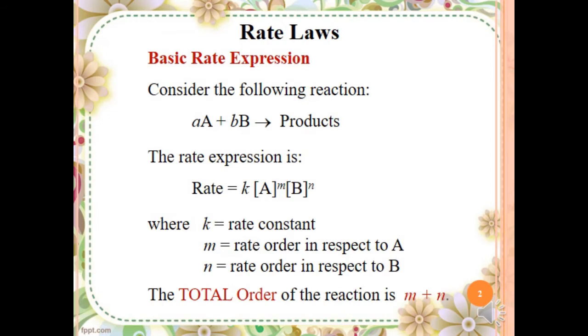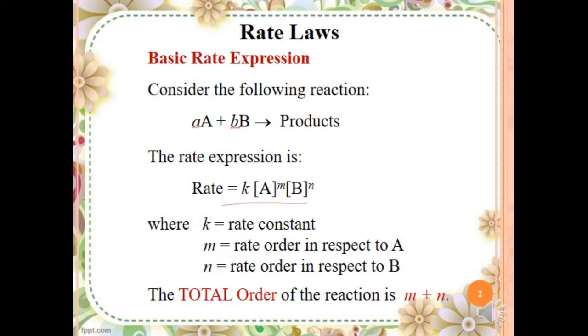So let us look at this reaction here. Reactants A and B react to produce products. And small letter a and small letter b here refer to the stoichiometric values of the reaction. So when we write the rate law expression, this is how we write it.